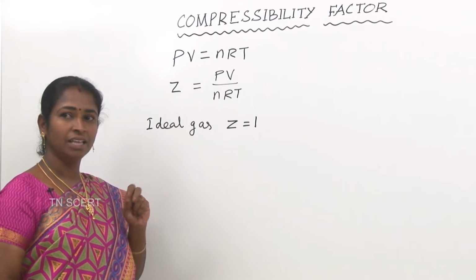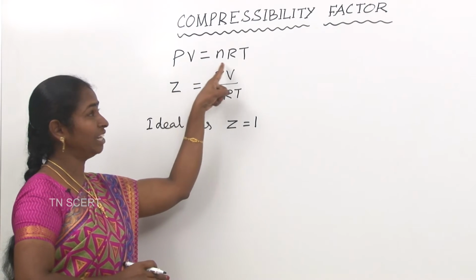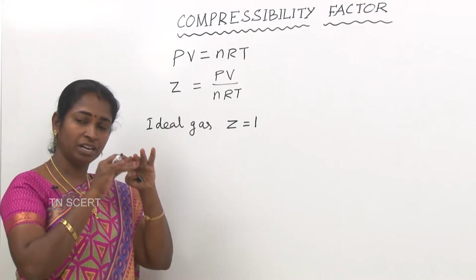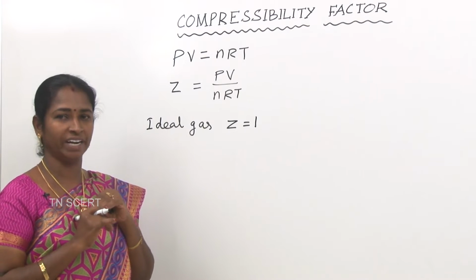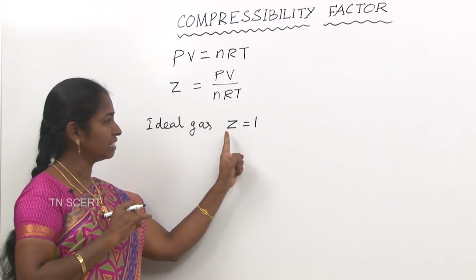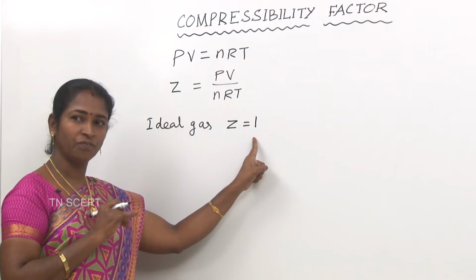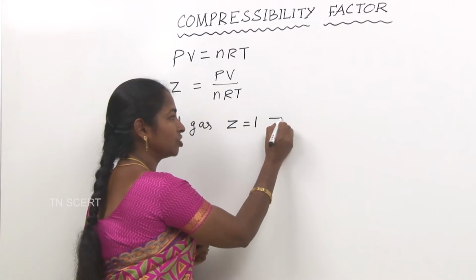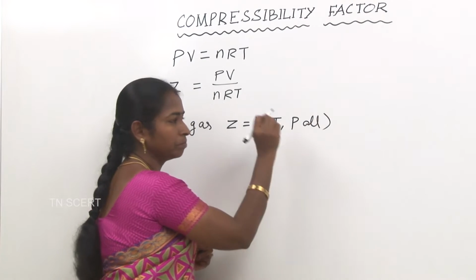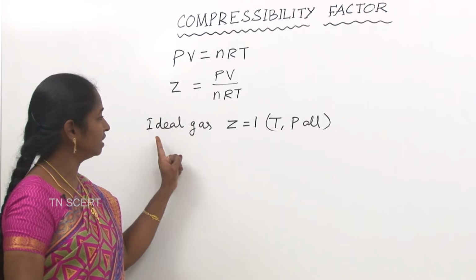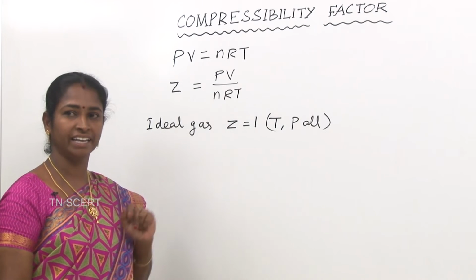Am I right? PV has the same value as that of nRT, so the number is divided by the same number, and the value will be equal to 1. So, for an ideal gas, Z is equal to 1 at all temperatures and pressures.